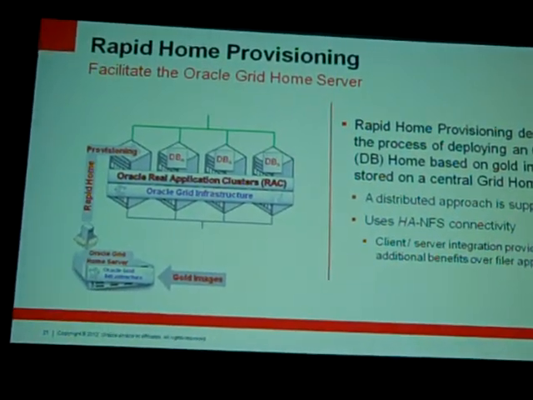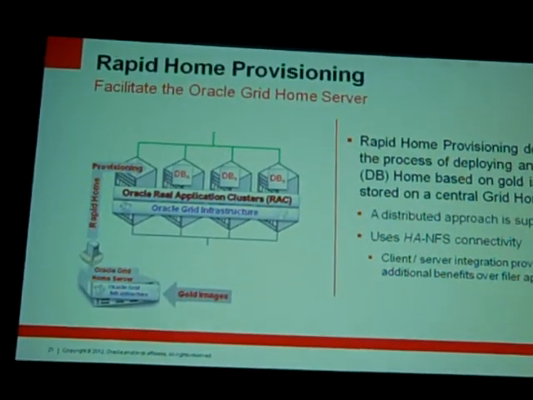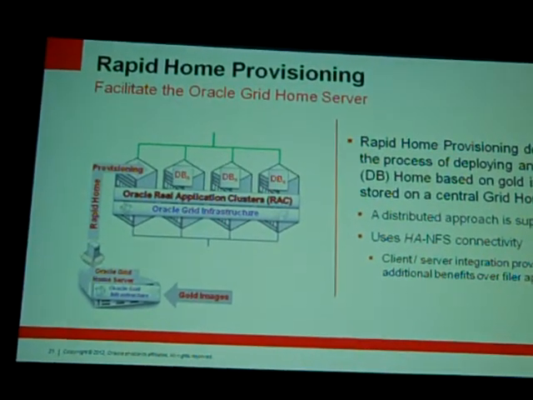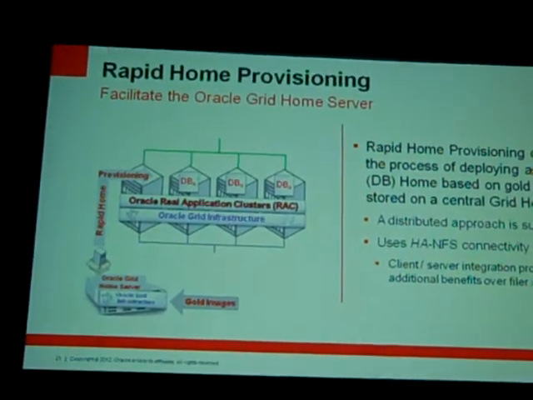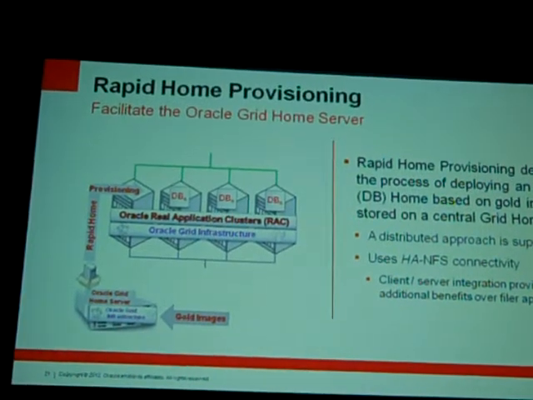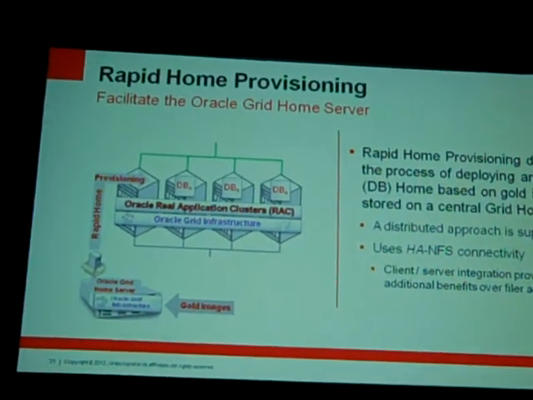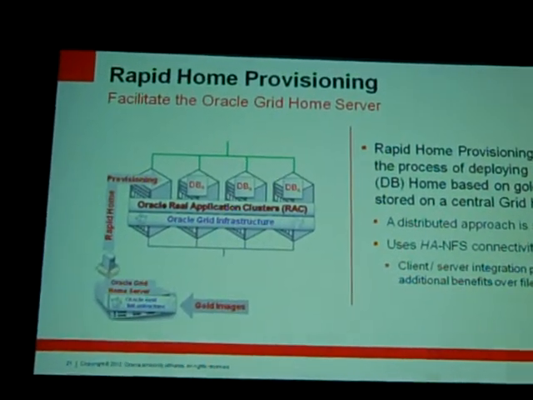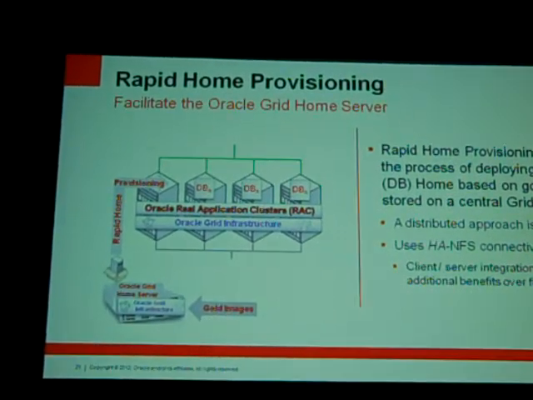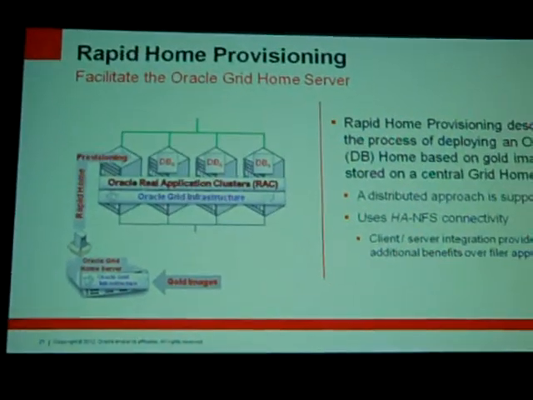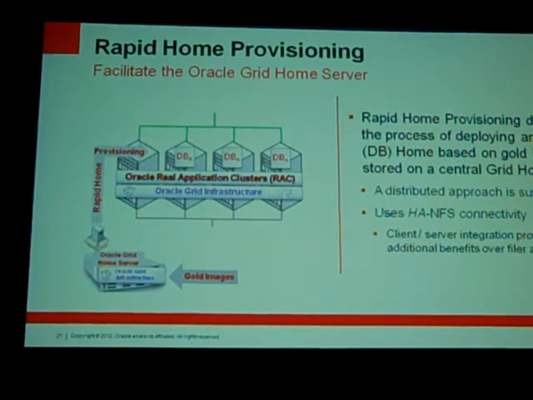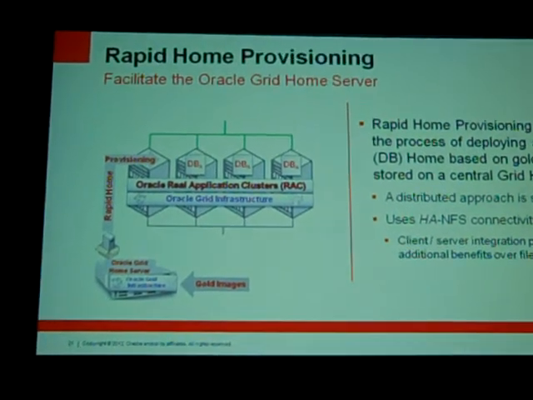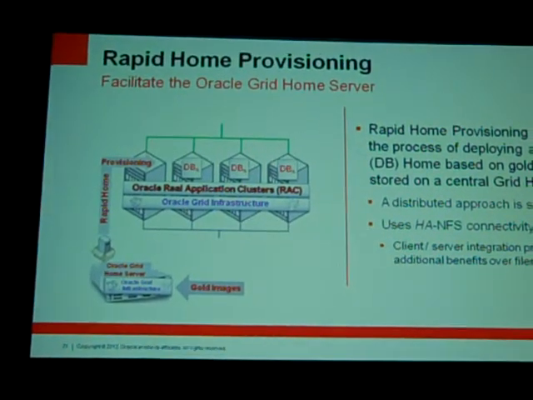It's more sophisticated by administration standards, and we will be using a direct NFS-based approach. That means our NFS client is already highly available. We have highly available IP connectivity to the Grid Home Server from the client. So if an IP error occurs, we will not be impacted. There will be further enhancements to make it even more stable, but for now it is HA-NFS connectivity.